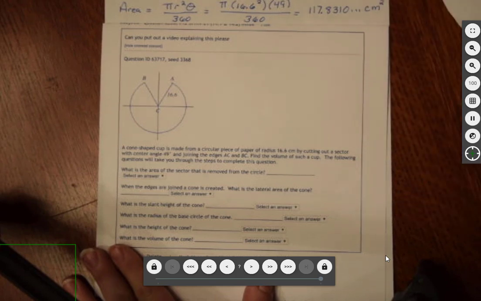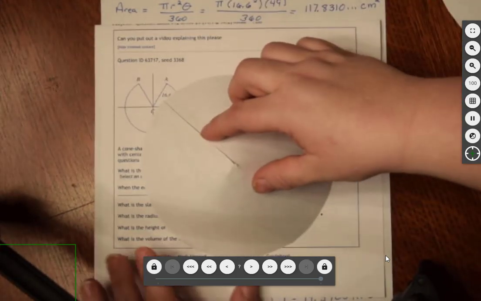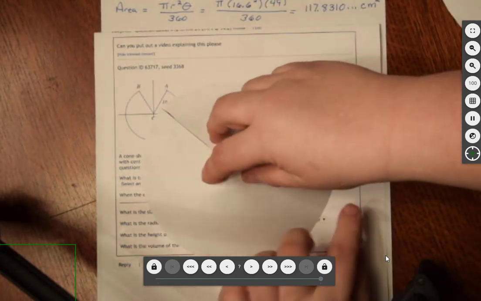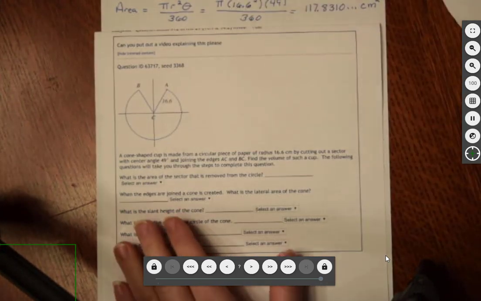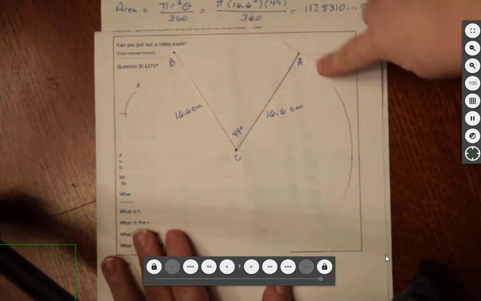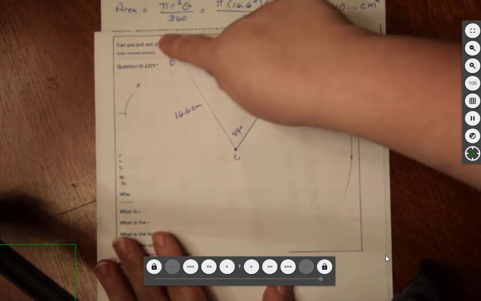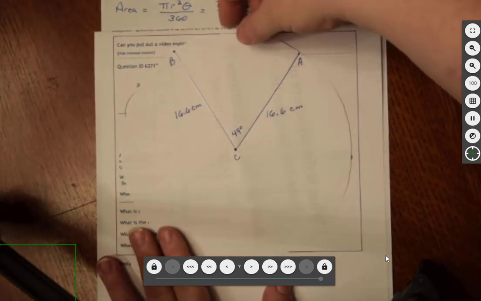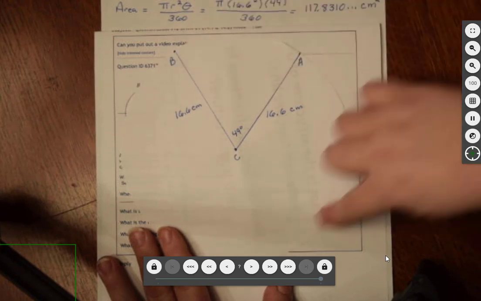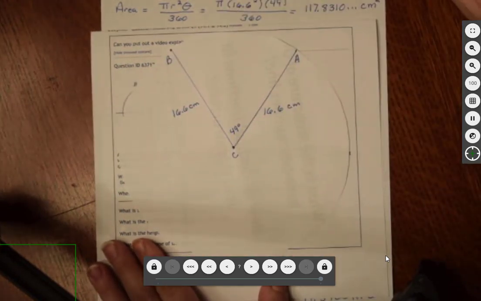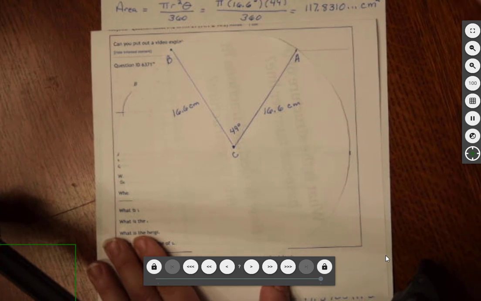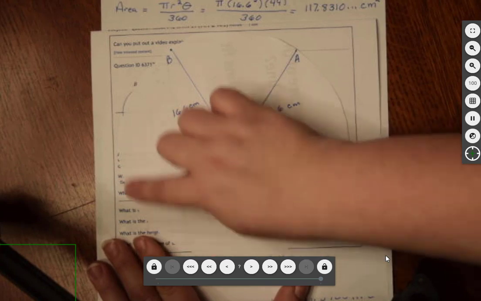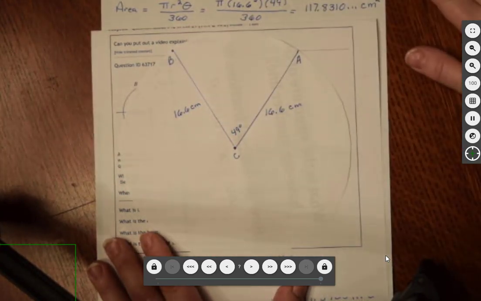Well, if we look at this circle, it's created by this part of the circle, just from A all the way around to B the long way, because we moved this. So this is what's forming the base of the cone. And so we want to find this length and then set that equal to the circumference of a circle.